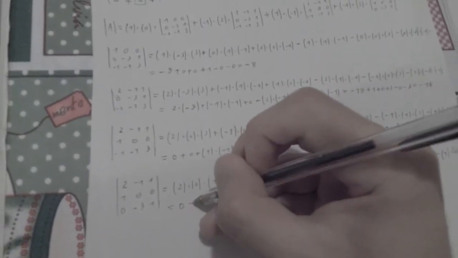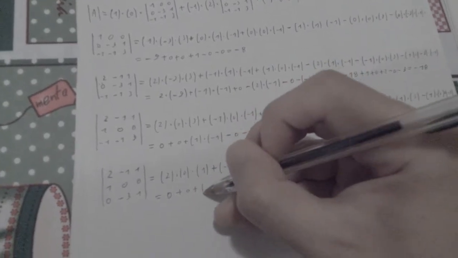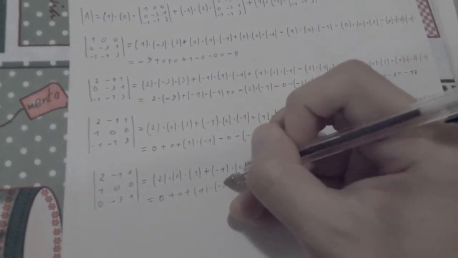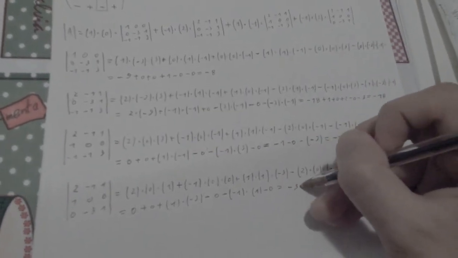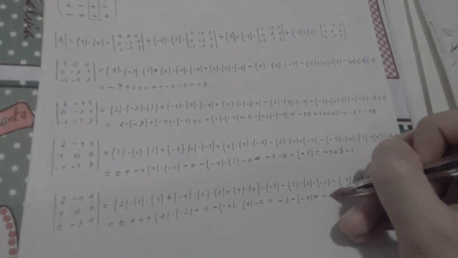Okay, so this is going to become 0 plus 0 plus 1 times -3 minus 0 minus -1 times 1 minus 0, which is -3 plus 1, which is -2.